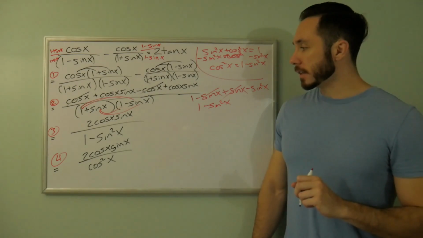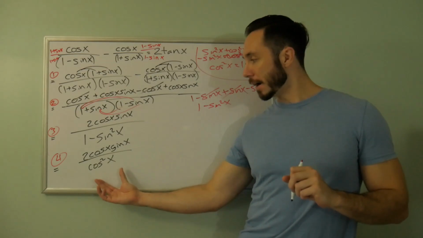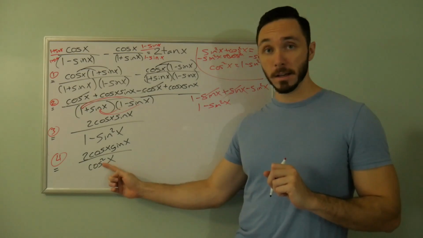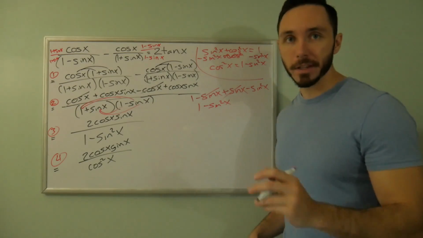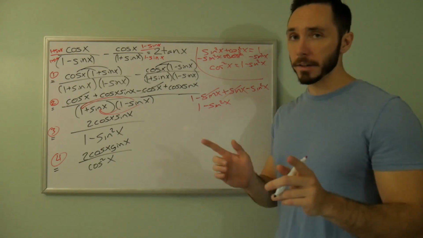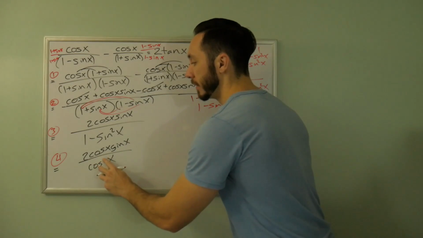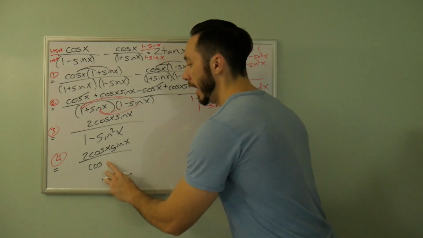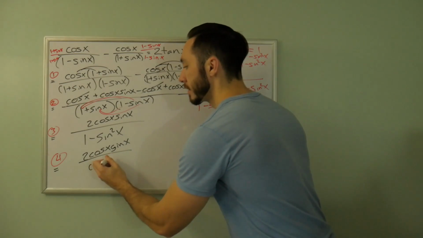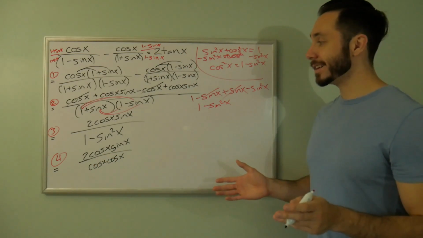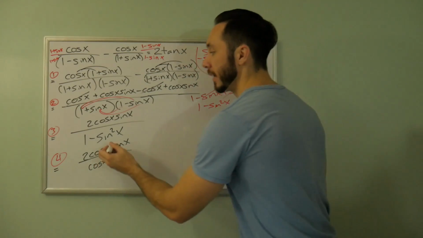How many cosines do I have down below in terms of a product? I have 2 of them. Just for the sake of clarity, I wouldn't do this on a test when trying to write a compelling argument to someone, I'm going to rewrite this as cosine x times cosine x, to allow you to easily see I have a nice cancellation here.